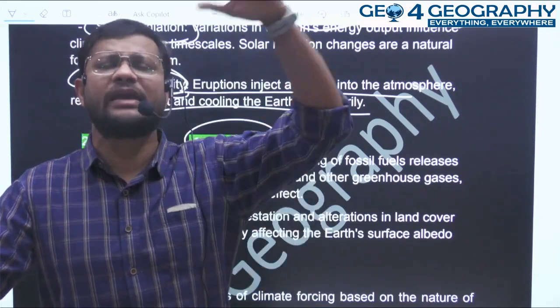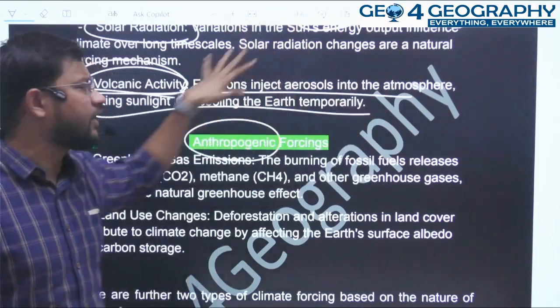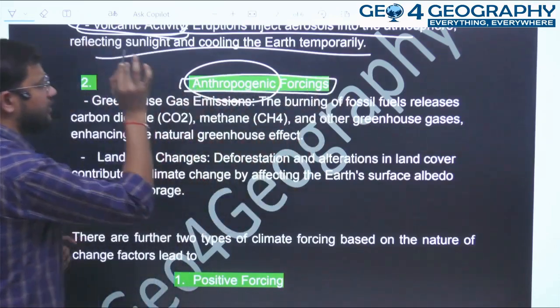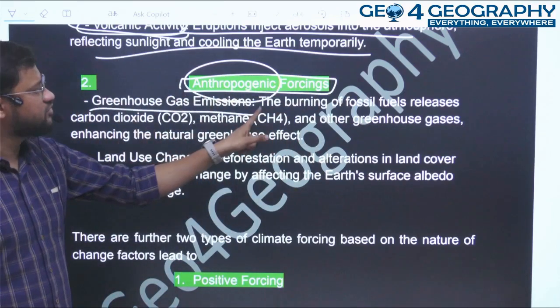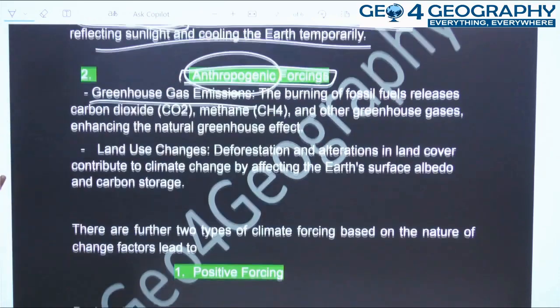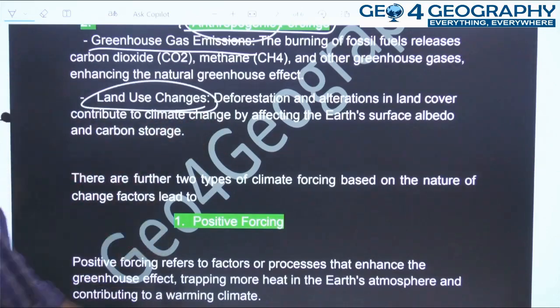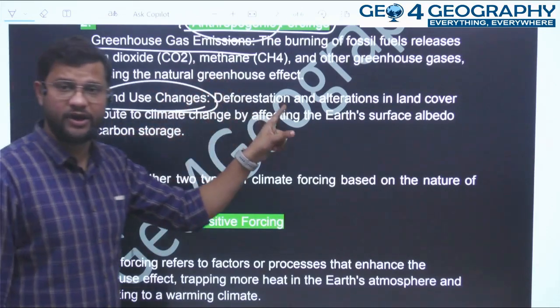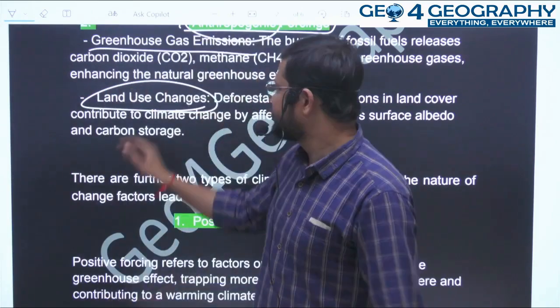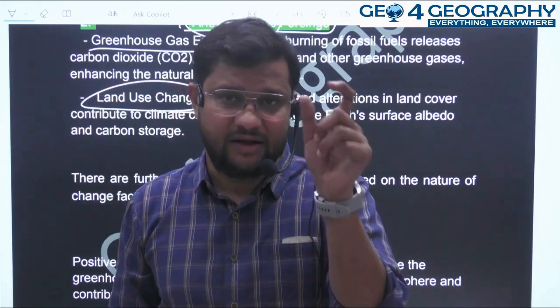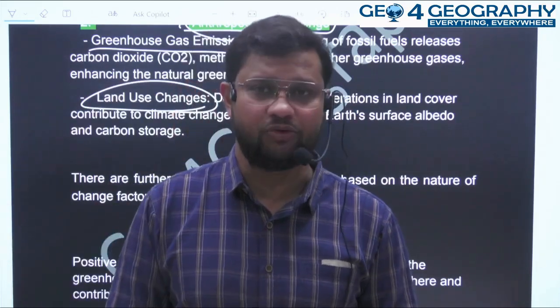There are many factors responsible for this forcing led by humans. So greenhouse gas emission, the burning of fossil fuel releases carbon dioxide, methane and other gases, and leads to land use changes, equally responsible for deforestation, जो मैंने already बताया आपको, ठीक है. So these are two types based on the driven factors, whether they are nature originated or man made originated.